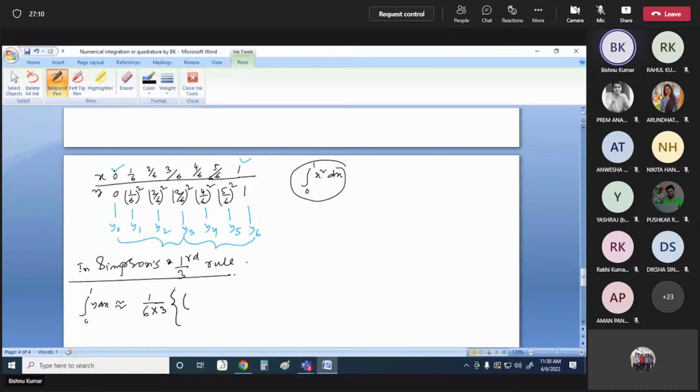Close the bracket. Plus 2 into the intermediate even y ordinates. The even y ordinates are y2 and y4, means 2 by 6 square plus 4 by 6 square.